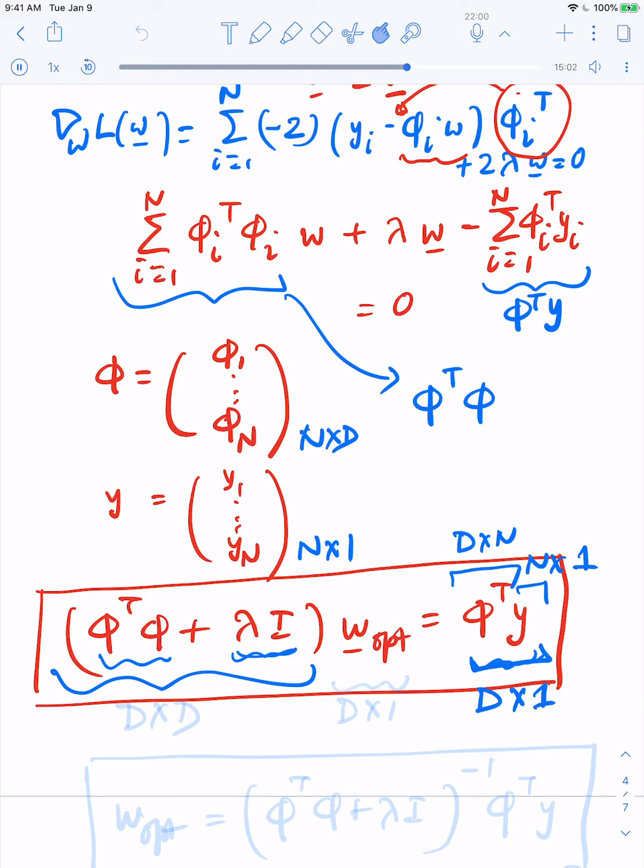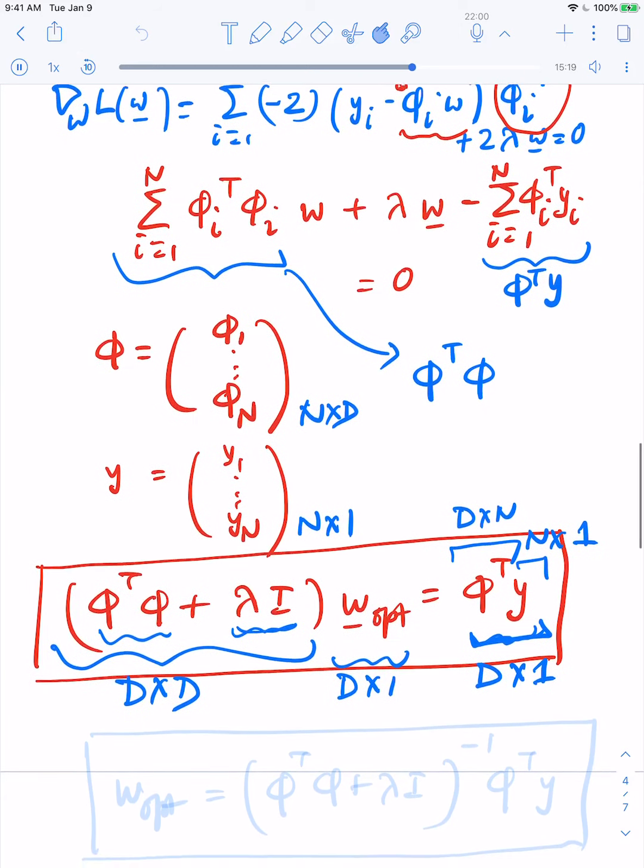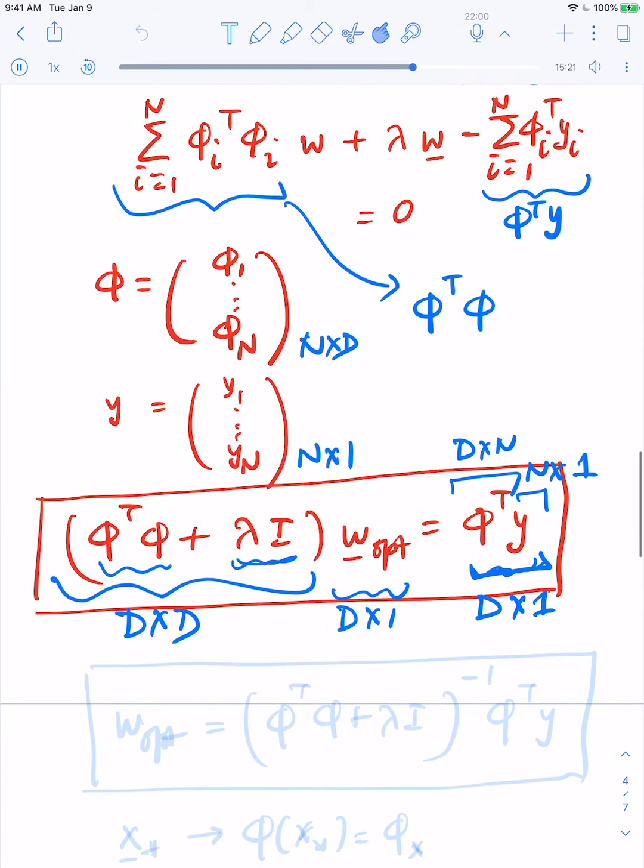Phi transpose phi is d cross n times n cross d, so that's d cross d. So this is a d cross d matrix multiplying a d cross 1 vector, giving me a d cross 1, and it's being set equal to a d cross 1 vector. So it's all working out.